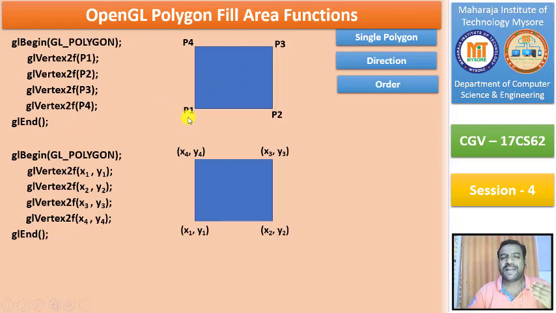Until now I was just saying P1, P2, P3, P4, and we are aware that a point is made up of x and y values, and that is what I'm doing. I'm just replacing P1 with x1 y1, x2 y2, x3 y3, x4 y4.